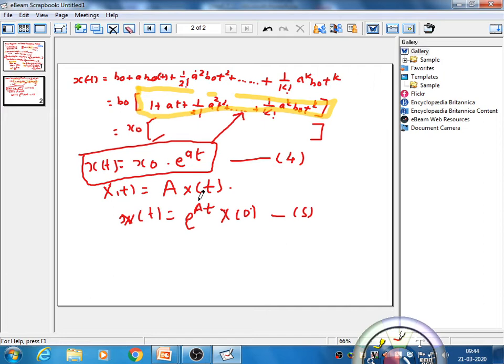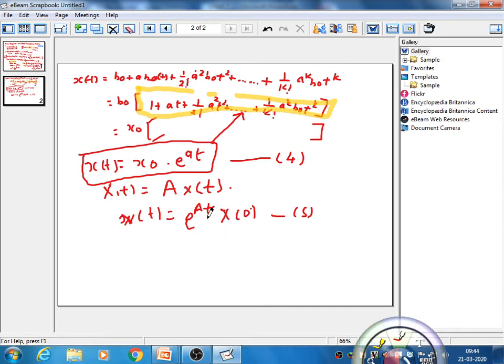The observation we have made here is that, without input, the initial state x0 drives the state x of t at any time t. Thus the transition of the initial state x of 0 from time t equal to 0 to any time t is through the matrix e raised to at. Initially x of 0 was only some variable, but at the final stage x of t is equal to e raised to at into x of 0.